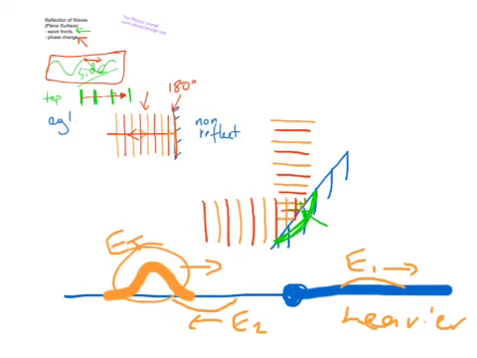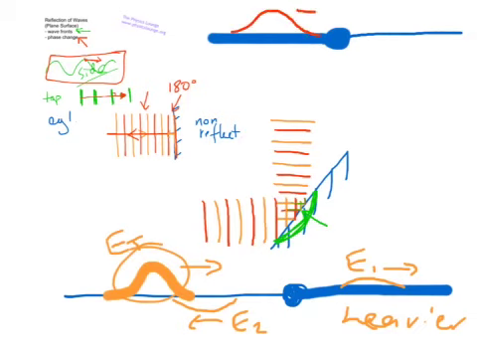Now if we reverse this, so we start with the heavier line, and that's joined to a lighter line this way, and if we again flick our pulse down in that direction, this time we have a bit transmitted, quite a lot probably, and a small amount reflected.